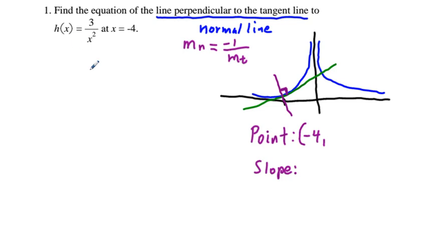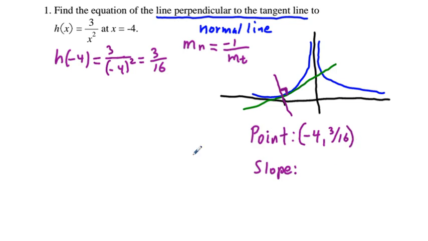So we're going to go find the y-coordinate for this coordinate pair by plugging in -4 into this function. So we get 3 over -4 squared, which simplified is 3/16. So 3/16 is the other coordinate that we need for this.